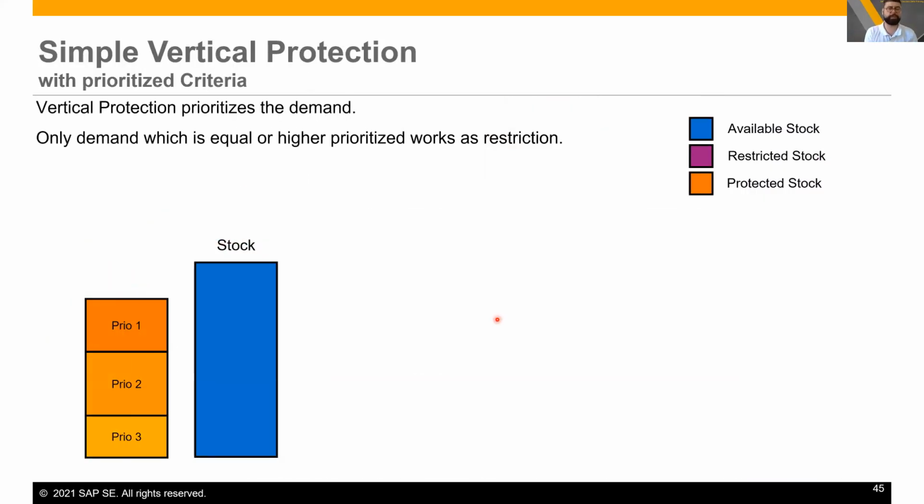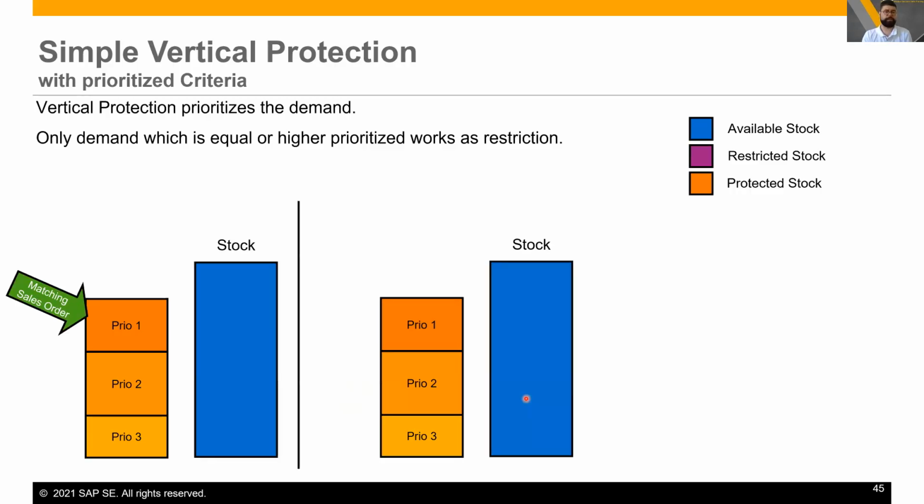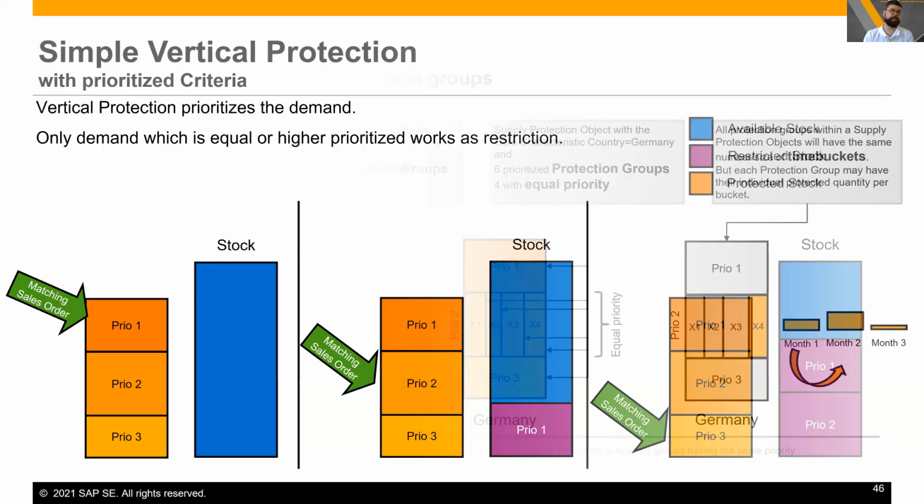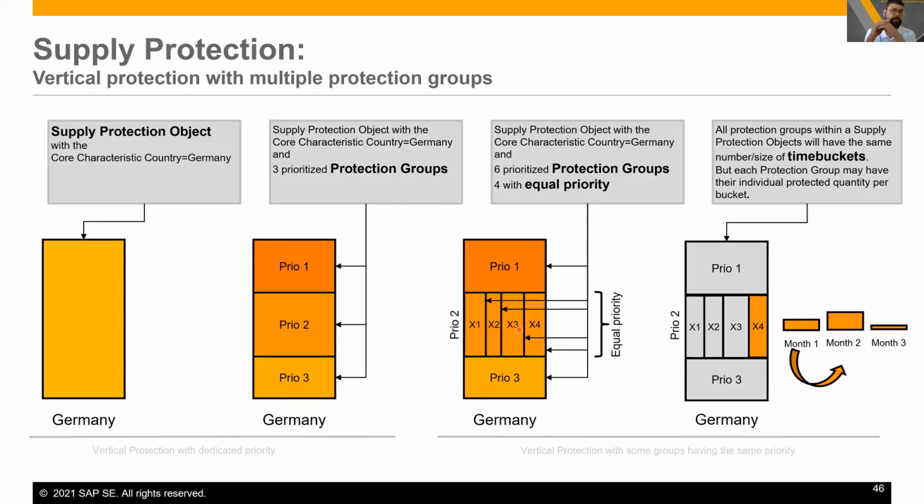For instance, within the German customers, you can have a grouping and a prioritization, so that the higher-priority customers do not have to regard the protection from the lower ones, but obviously from the French and Spanish customers they would have to consider this. It is even possible to have groups with the same prioritization.